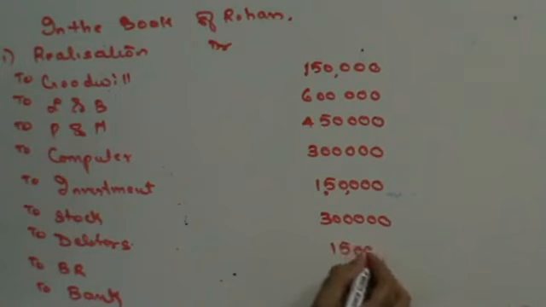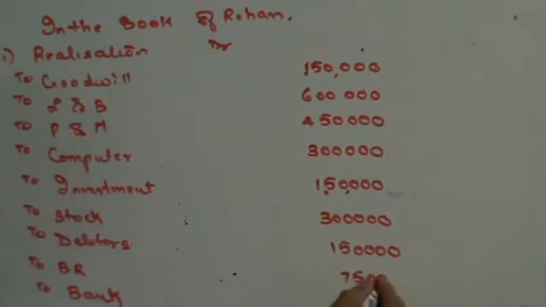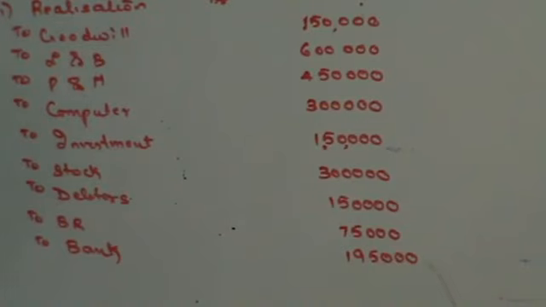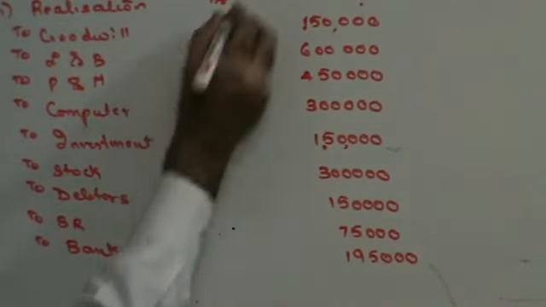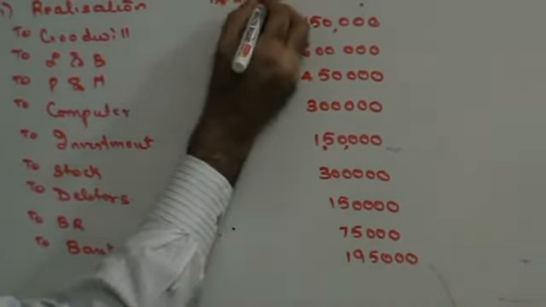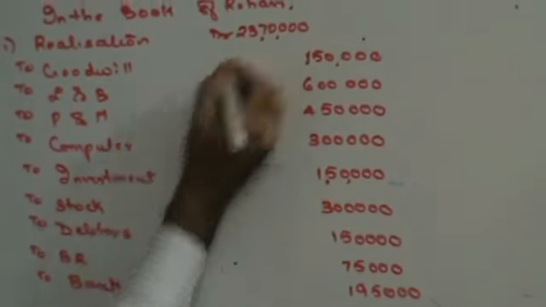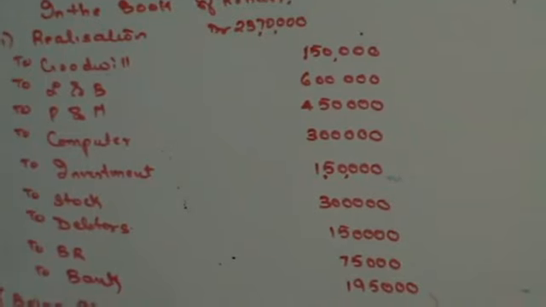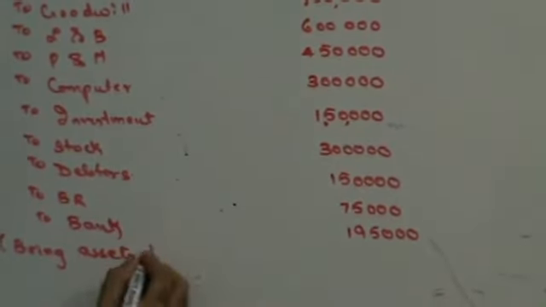Debtors 1,50,000. Next, bills receivable 75,000. And bank is 1,95,000. The addition of that should give you 23,70,000. Being assets transferred.